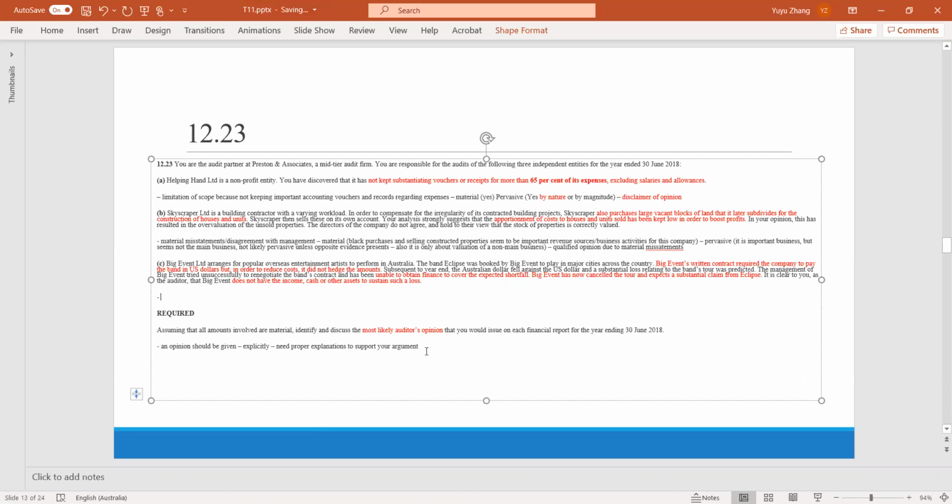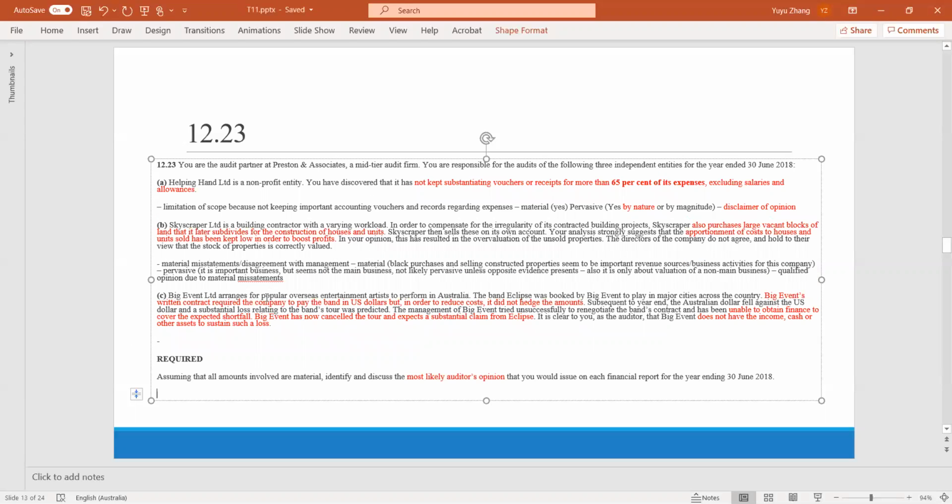Number 3. So the big event company arranged for popular overseas entertainment artists to perform in Australia. The band was booked for a big event to play in major cities across the country. The written contract required the company to pay the band in US dollars, but in order to reduce cost, it didn't hedge the foreign exchange. Subsequent to the year end, the Australian dollar fell against the US dollar and a substantial loss relating to the band tour was predicted.